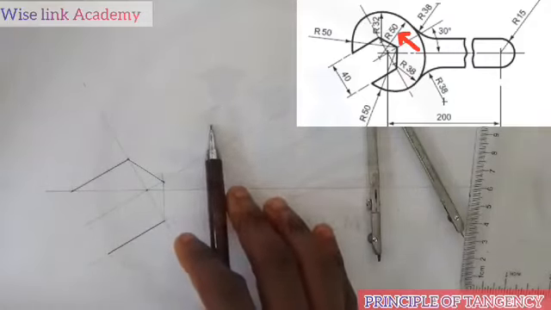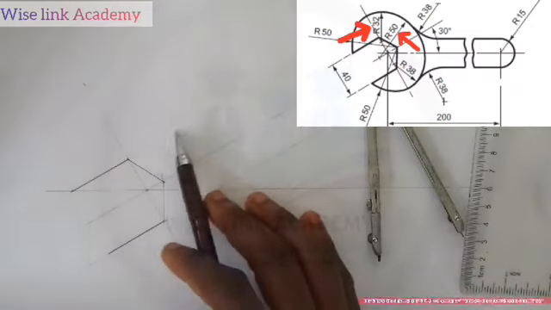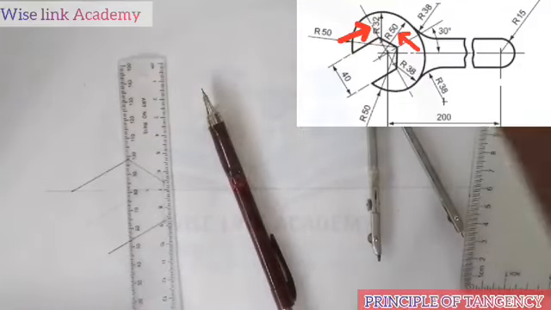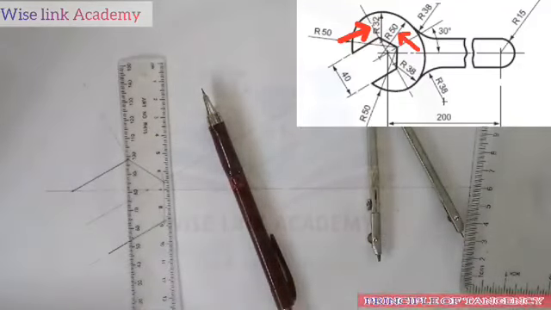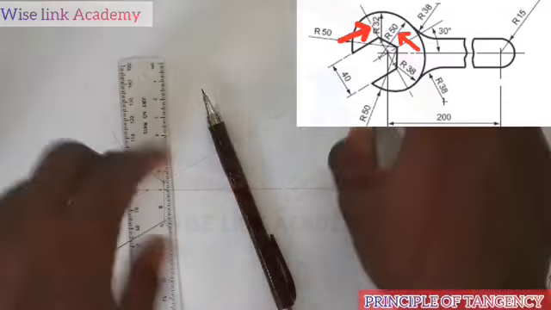Such that there's another arc of 50, R50. So I'll simply subtract 32 from 50. If I do that by calculation, if I subtract 32 from 50, I'll have 18, right? So I'll measure 18 on my meter rule from here to here, 18, right?